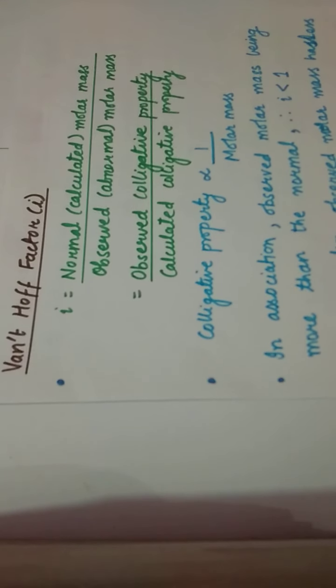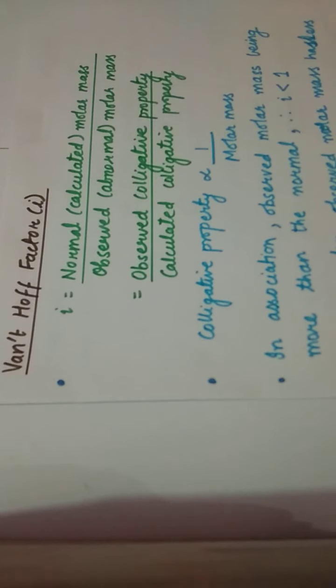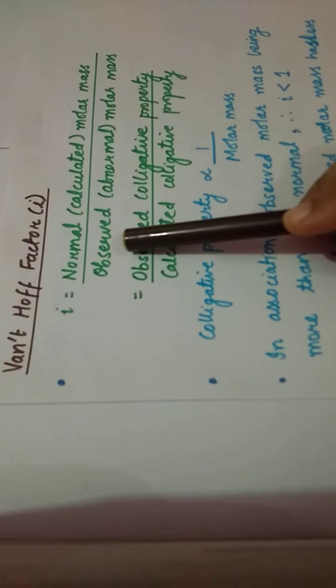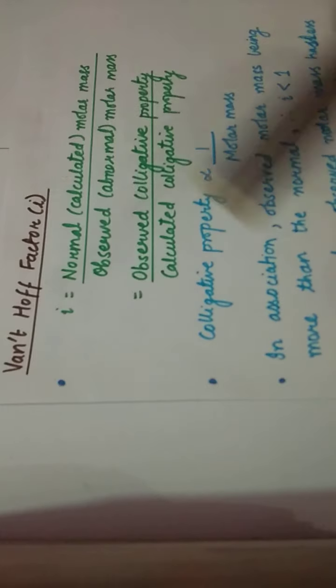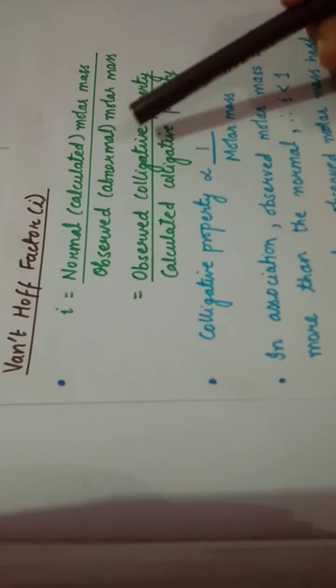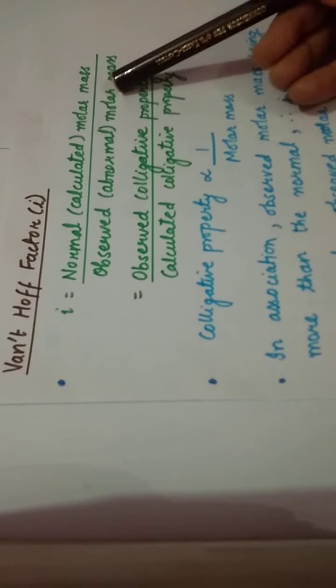Now children, as you all know, molar mass is inversely proportional to colligative property. So earlier molar mass was coming in the denominator. When you talk about the colligative property, the observed colligative property will be in the numerator, as colligative property and molar mass are inversely proportional to each other.